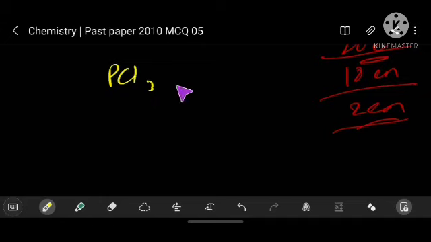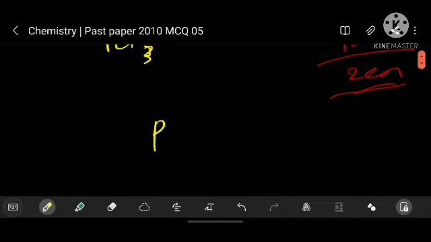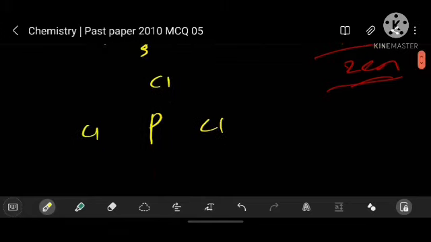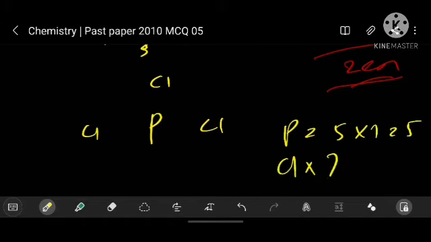PCl3. For PCl3, P is the central atom, with chlorine, chlorine, chlorine. P has 5 valence electrons, 5 into 1 is 5, and chlorine has 7 valence electrons.